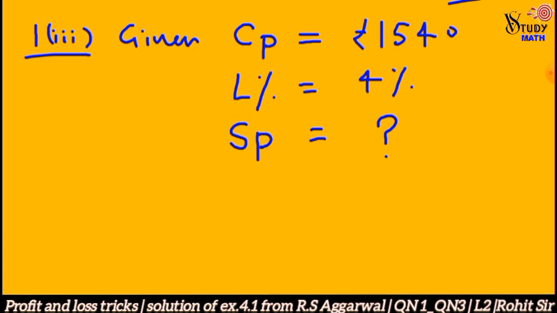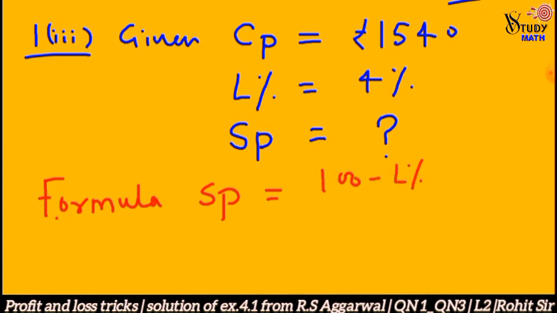Now we are going to apply the formula of SP. The formula of SP is here 100 minus loss percent, bracket close, upon 100 multiply CP. This is the formula we are going to apply here.